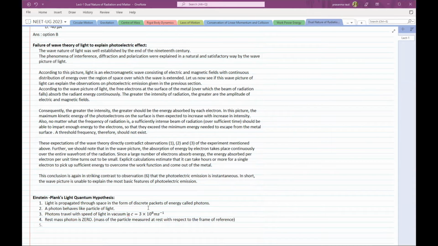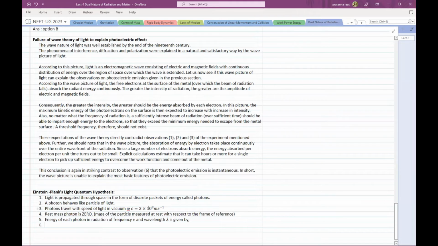ठीक है. Energy of each photon in a radiation of frequency nu and wavelength lambda is given by this mathematical form. ये आपने केमिस्ट्री में भी किया होगा.